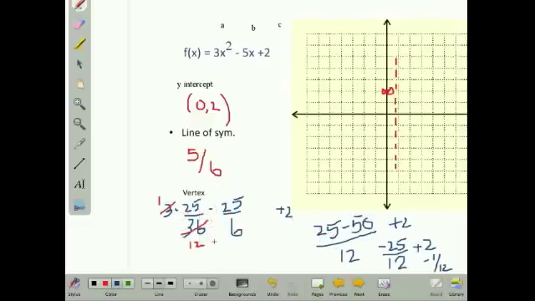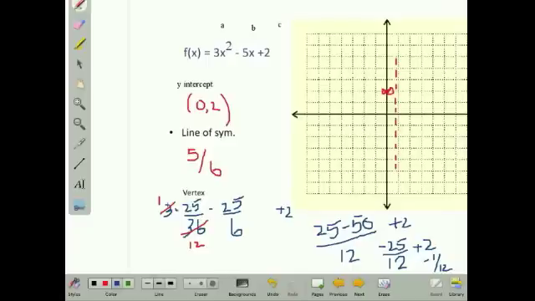Through the magic of technology, I've worked this problem out. I plugged my line of symmetry into x in both cases and substituted that. When I did that, 5/6 squared is 25 over 36.